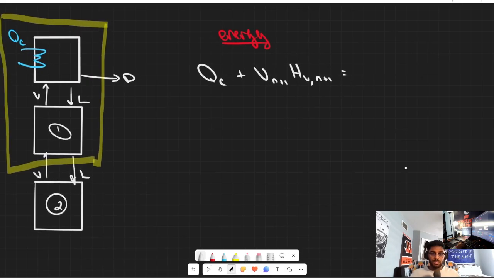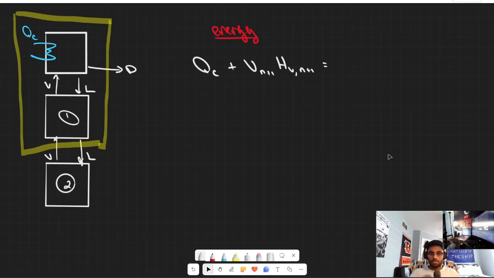Now, in terms of what is leaving our system, we are going to have our distillate. So that's going to be our distillate flow rate times the enthalpy of our distillate, plus this liquid stream that is leaving. So that's going to be from stage N, not N plus 1. It's coming from the stage above.